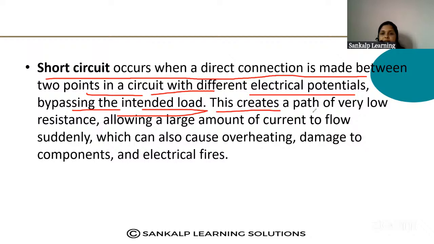This creates a path of very low resistance, allowing a large amount of current to flow suddenly, which can cause overheating, damage to the components, and electrical fire. So please note down the answer.